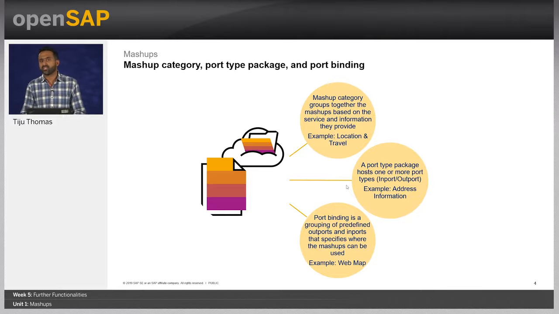Address information is an example of a standard PTP offered in Business ByDesign. Cloud Studio lets you create a port type package as part of your solution. A port binding lets you add a mashup to the SAP or custom floor plan. You can create a custom port binding in Cloud Studio and include a custom port type package and port types in this port binding.